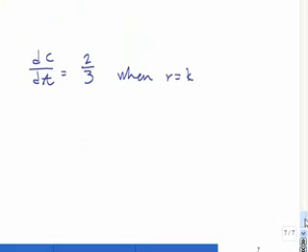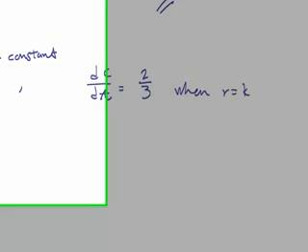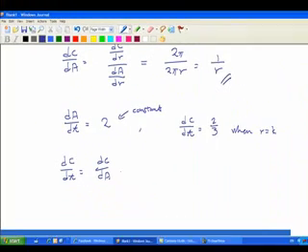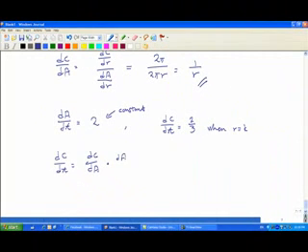Now, we know that there is a way that we can link dA dt with dC dt. By using the chain rule, dC dt is equal to dC dA times dA dt. Do a bit of cancellation.